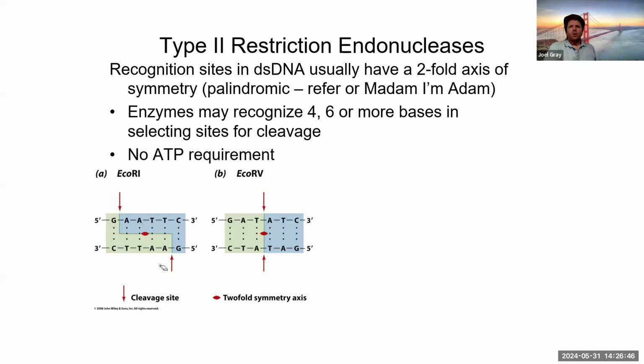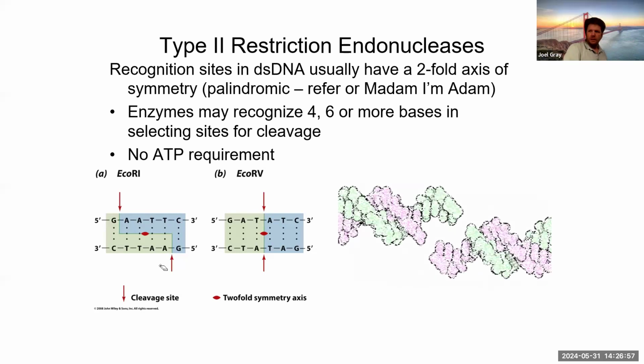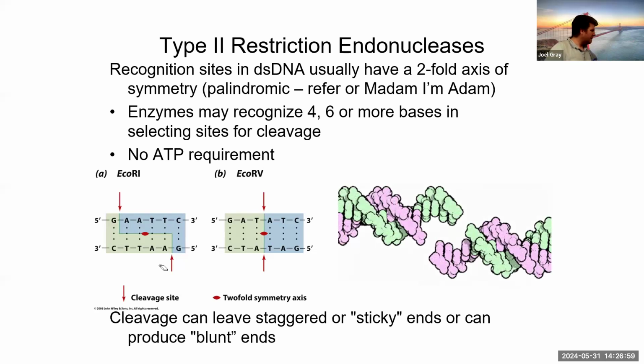Now, type 2 enzymes, EcoR1 and EcoR5, are examples of type 2 restriction endonucleases, and they have different recognition sites. What makes these different from one another is, one, the specific sequence that they identify. EcoR1 is GAATTC, and EcoR5 is GATATC.